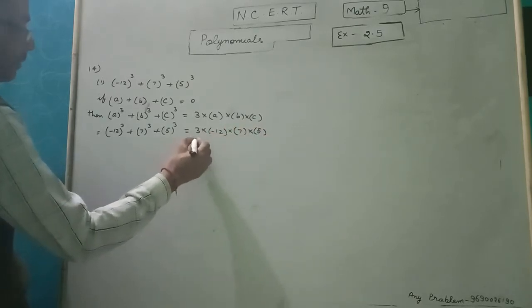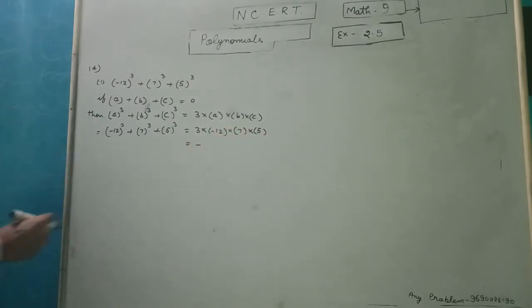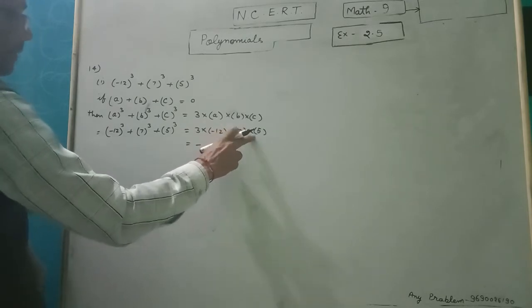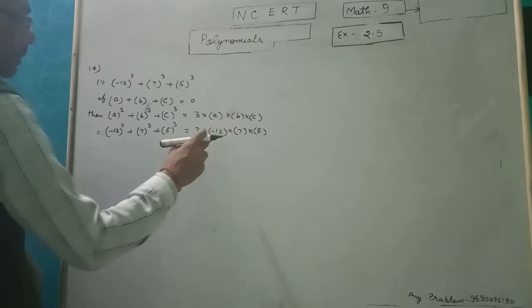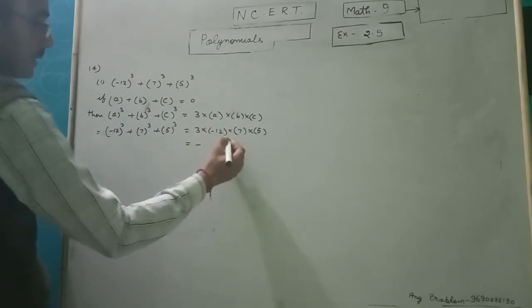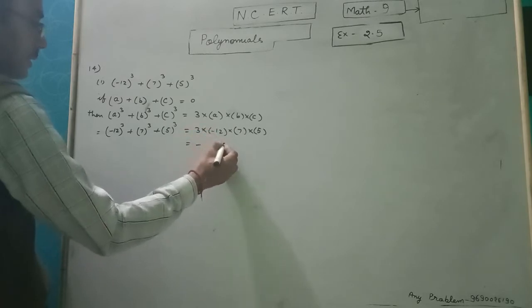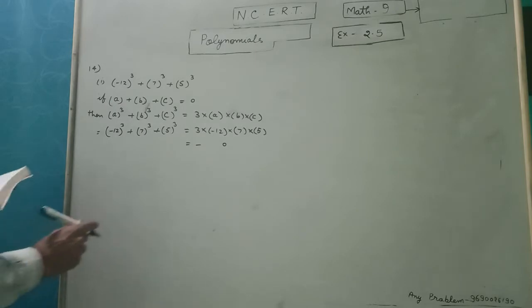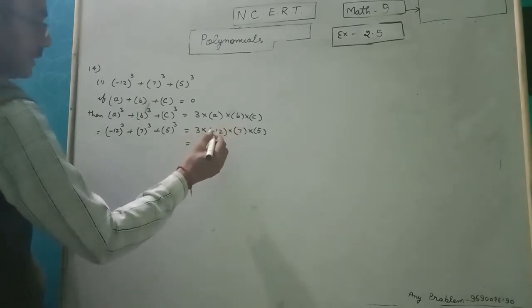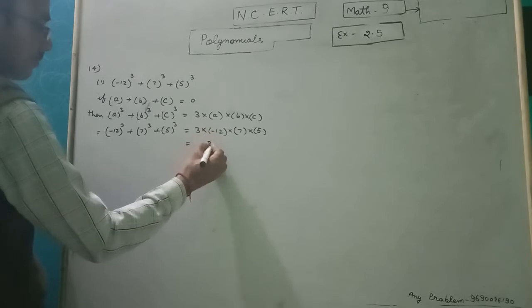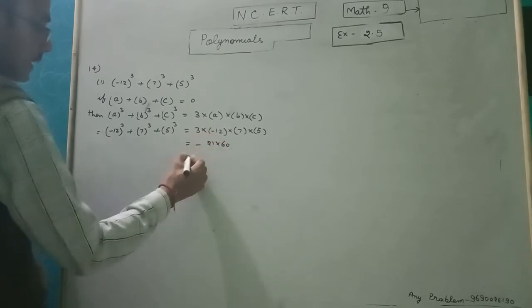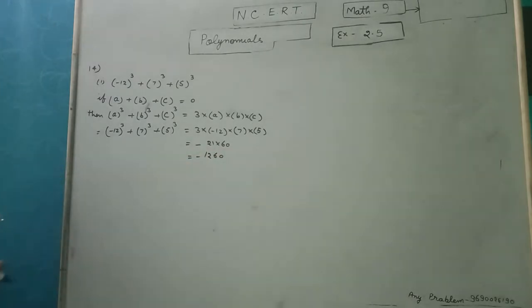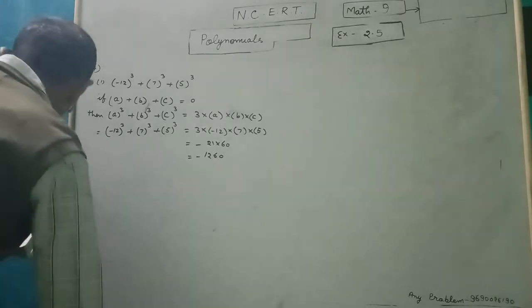After multiplying, plus minus minus, 12 times 5 is 60, 3 times 7 is 21, into 60 is equal to -1260. First part is complete.